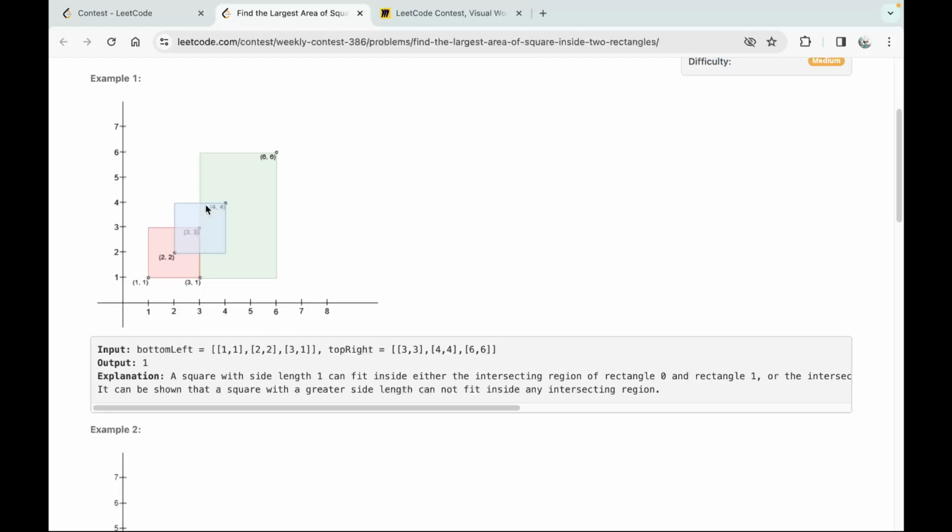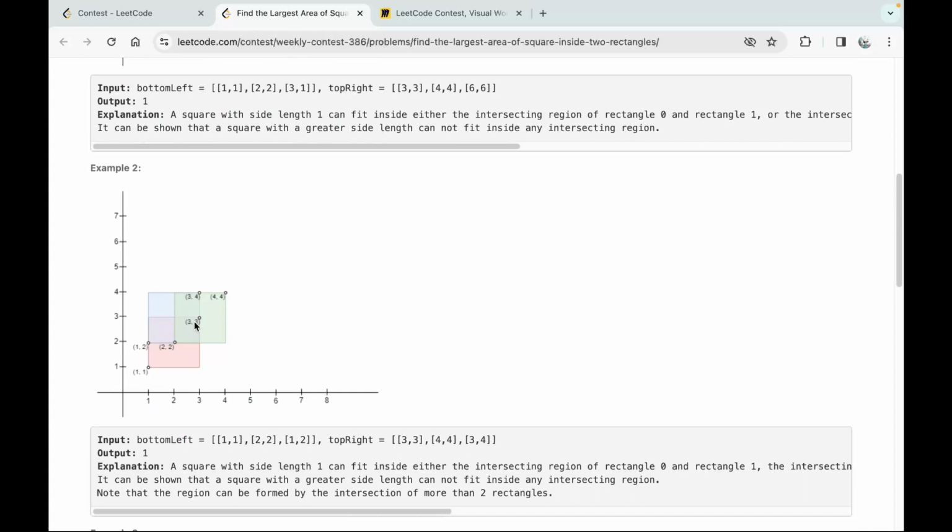Out of those, what is the maximum area? This is 3 comma 3, and this point would be 3 comma 4. So the side of the square is going to be 1, and again the area you get here is 1. The area you got earlier was 1, so the maximum area is going to be 1. Now among red and the green one, there is no intersection, so we cannot take out any area.